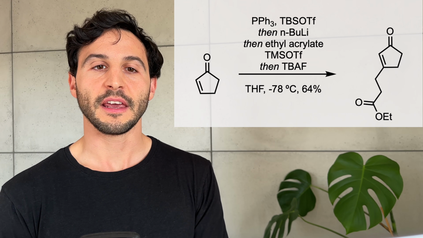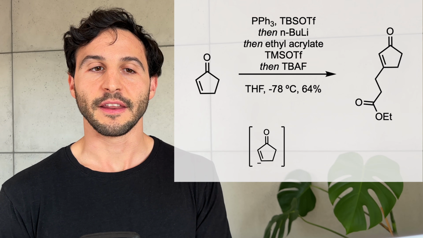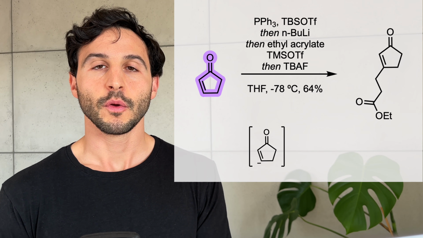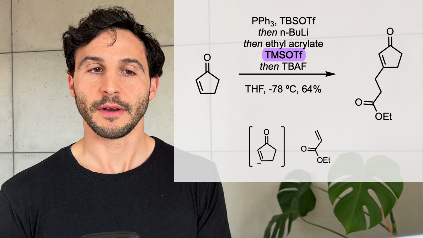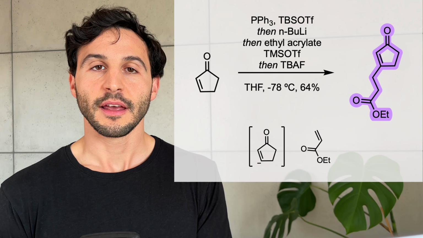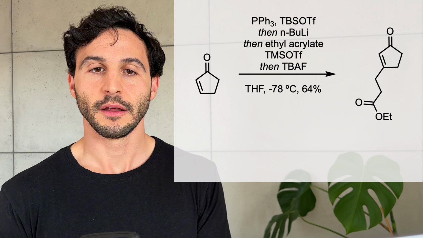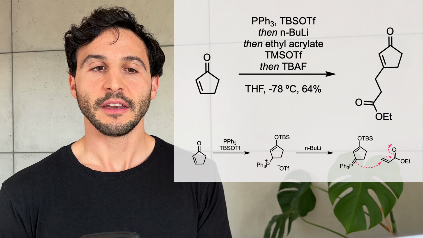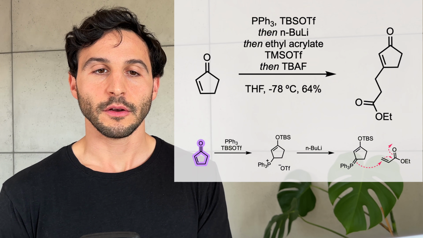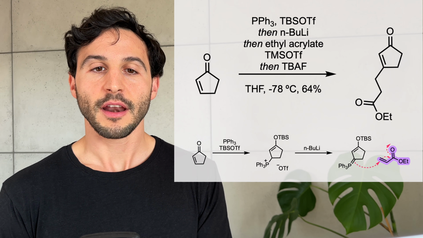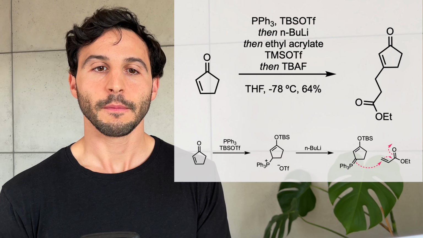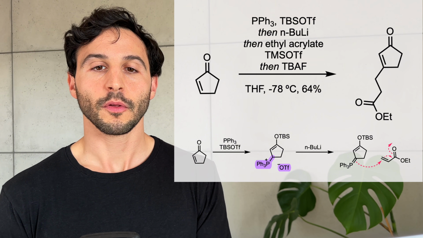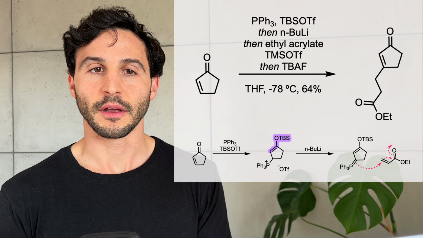The synthesis begins with an ylide addition of cyclopentanone to ethyl acrylate, activated with TMS triflate, giving the enone in 64% yield. The reaction is a beta conjugate addition of an enone to an activated olefin via the formation of an ylide intermediate, derived from a phosphonium salt of silyl enol ether.